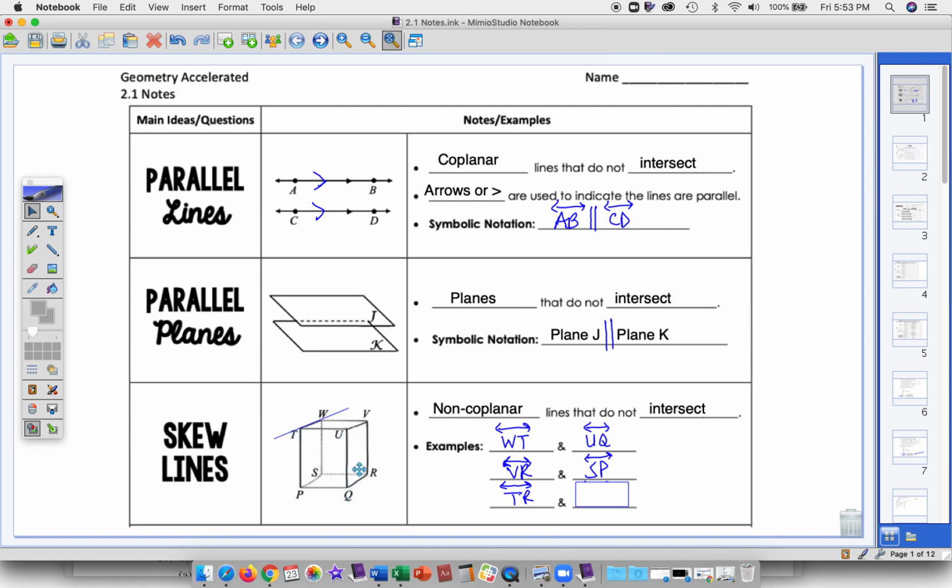I can use the diagonals from corner to corner. I can use a diagonal from S to V. There's lots of choices here besides the ones that have been drawn. So think outside the box. So I chose TR and WS. Again, they will not intersect, and they're in different planes.